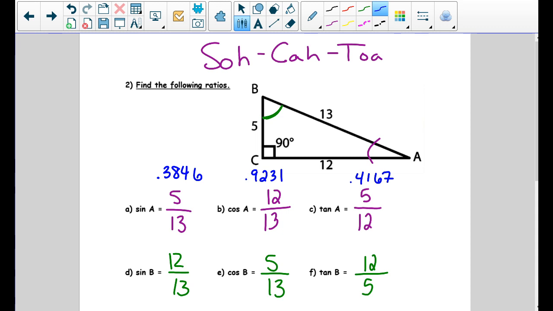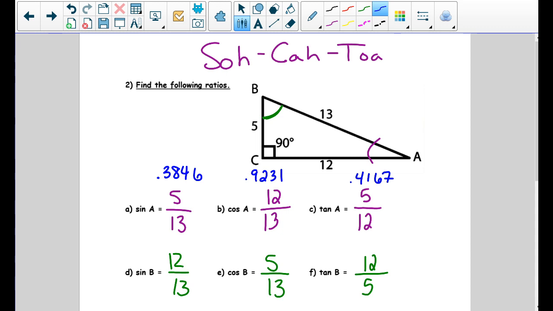No. Let's see here. So these are the angle measures. If I could find this ratio, 0.3846, it would basically tell me what that angle measure is going to be.